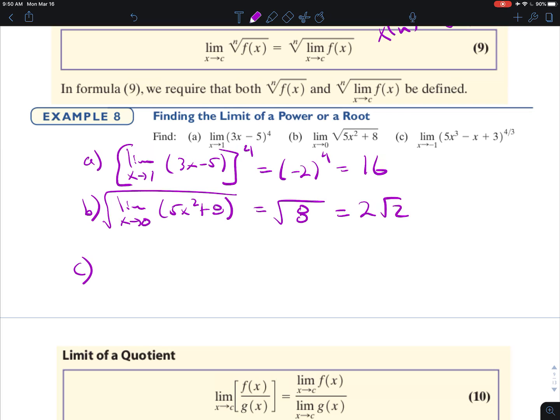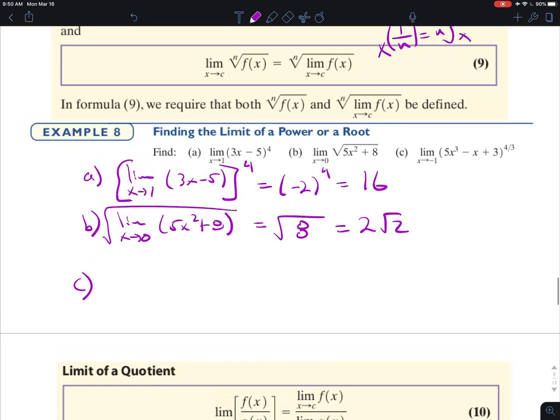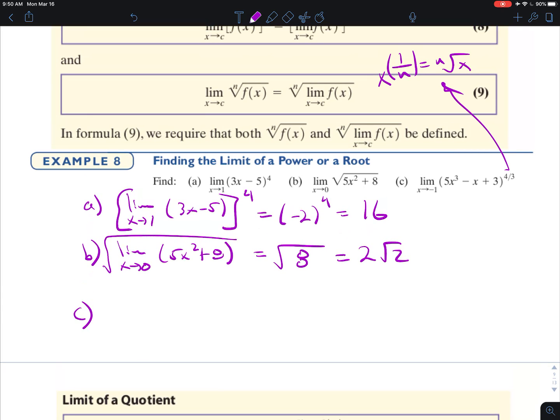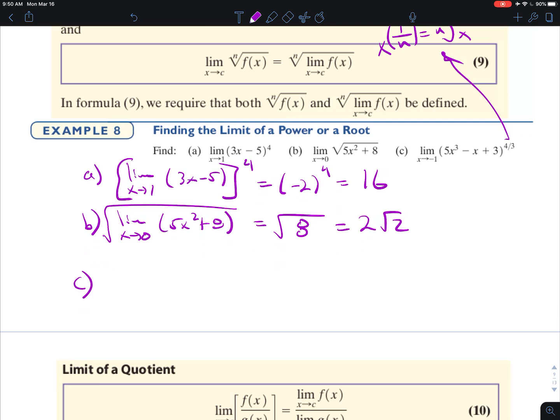Now the last one, if you remember this rule here, that 1 over n is the nth root.